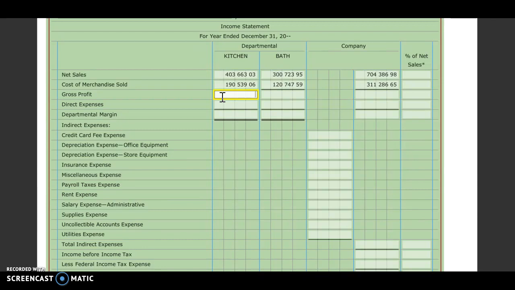Next is my gross profits. A couple things that I could do here. I'm taking my net sales minus my cost of merchandise sold. And when I subtract those two, oh, I'm looking at the wrong one. Okay, so I should be able to check that number on my departmental margin statement.